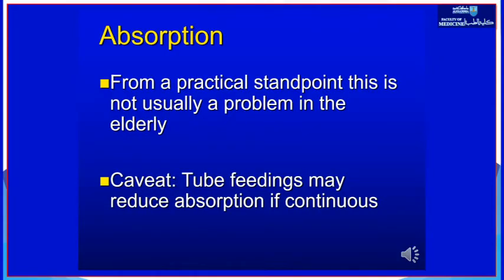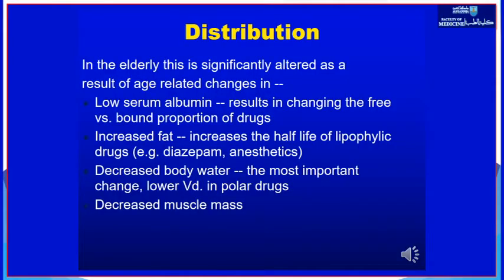From the aspect of absorption, practically not much happens. There's not a significant change. Only when we are talking about tube feedings do we notice a reduction in absorption, if it is continuous. However, significant changes occur in the elderly in distribution of the drugs. This is due to the fact that a number of physiological and metabolic changes occur with aging.